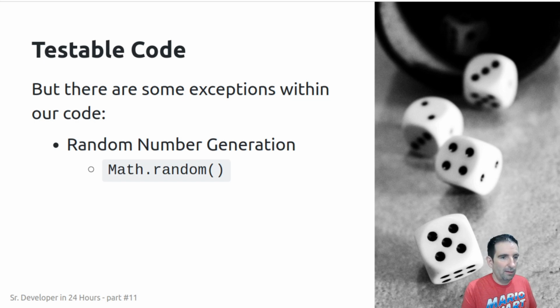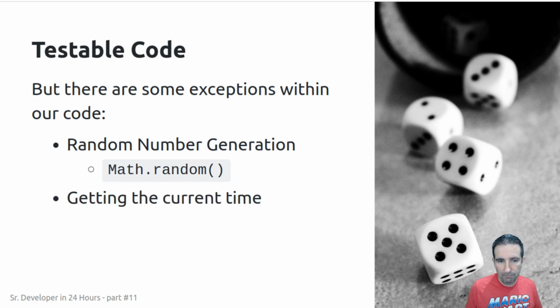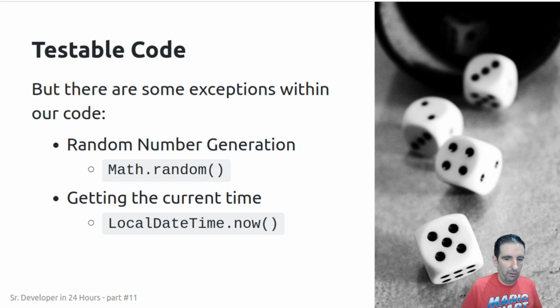It depends on the seed that the random number generator was started with. Another one that sometimes might get you is getting the current time. Obviously, getting the current time depends on when you're running the test.